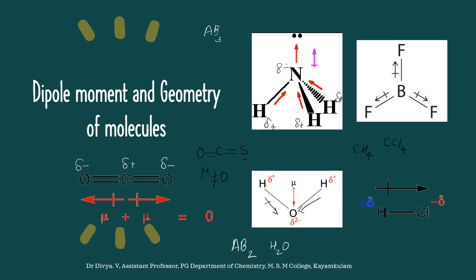What will the net dipole moment be in these cases? It will be 0. But if one hydrogen atom of CH4 is replaced by chlorine, once chlorine comes, the symmetry gets distorted. So what happens there? There will be a net dipole moment. That is, mu is not equal to 0. Okay, so by knowing the dipole moment, we can predict the geometry of these molecules.